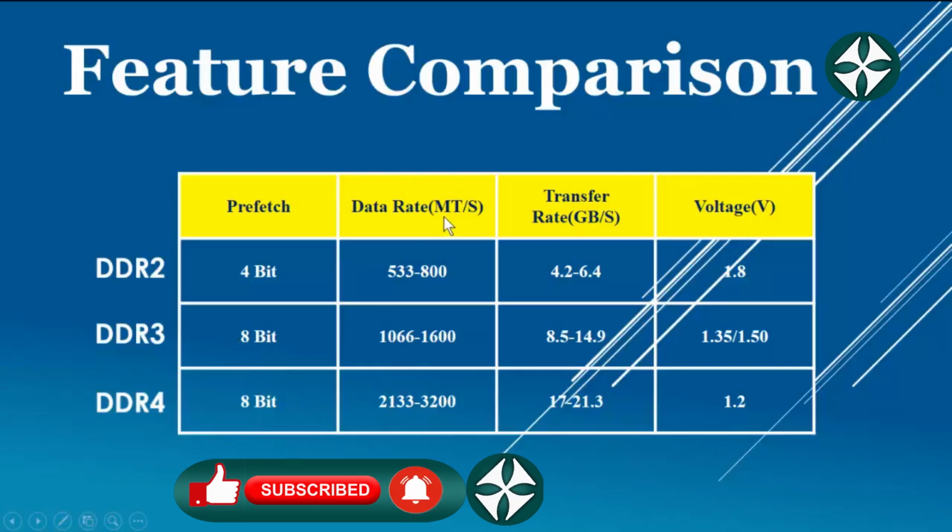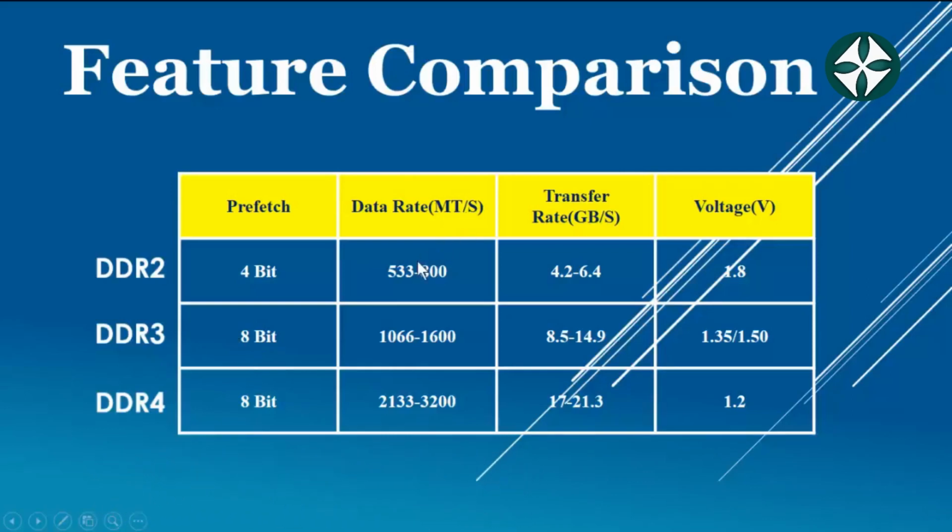The next feature is data rate in million transfers per second. DDR2 has 533 to 800 million transfers per second, whereas DDR3 has 1066 million transfers per second to 1600 million transfers per second.